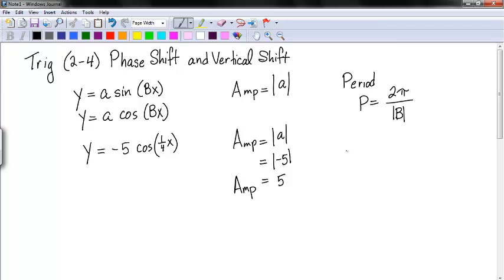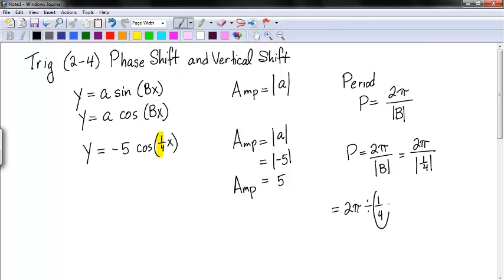If you do the period equals 2 pi over the absolute value of b. In this case, our b is a fraction, 1/4, so it would be 2 pi over the absolute value of 1/4. And remember, that's like 2 pi divided by 1/4.